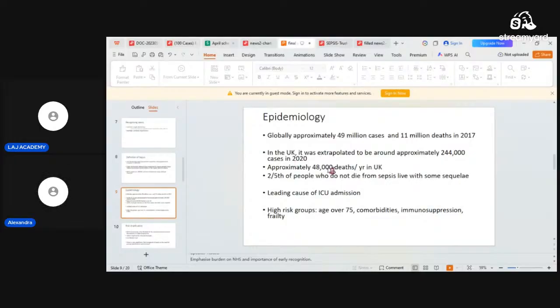So of these 244,000 cases extrapolated for 2020, 48,000 will die. So 48,000 mortality would arise from sepsis among the people diagnosed with it.